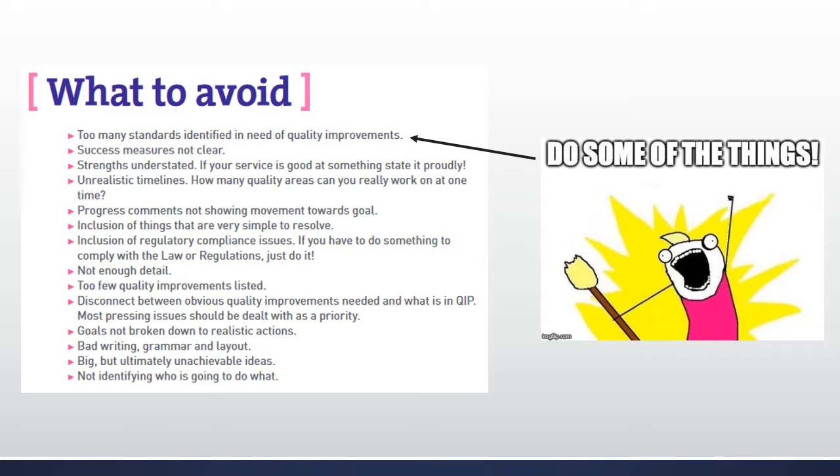Again, if we didn't recognise any of that in our QIP, it would become very obvious that we hadn't done a proper self-assessment based on the guide to the national regulations, national quality standards, sorry.